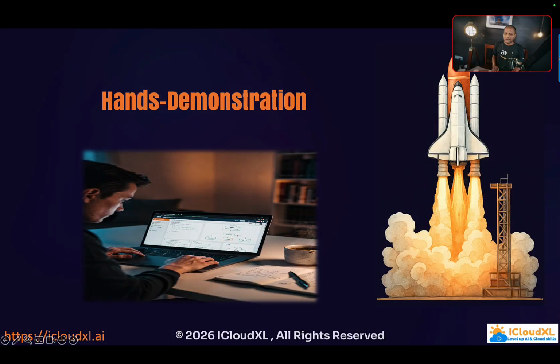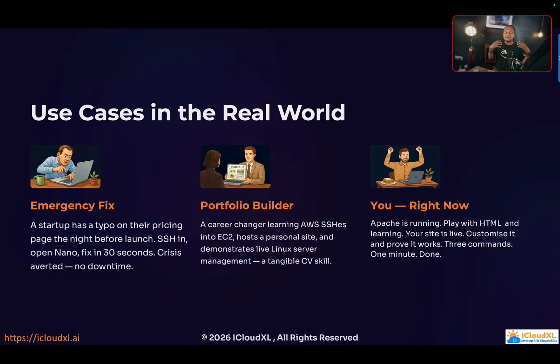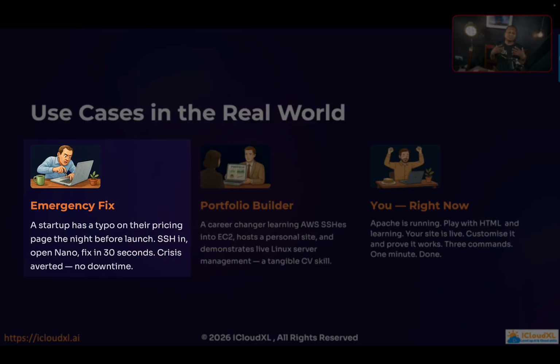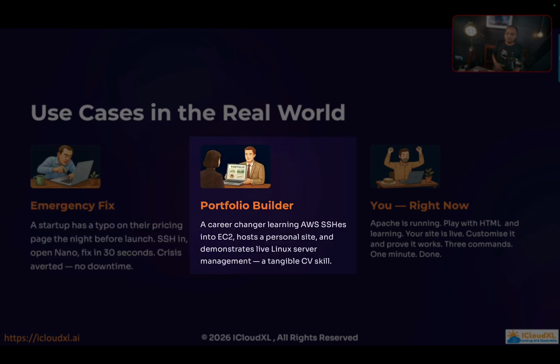Some key information I wanted to share. There are some real world use cases, like emergency fix. This is how you do an emergency fix in production. The second use case is portfolio builder. Let's say you have a portfolio running on a live website and you can demonstrate this portfolio from the web page, and if you want to change it, you can change it live.